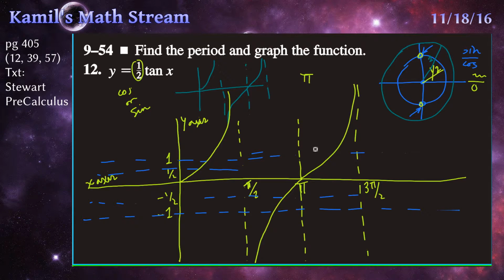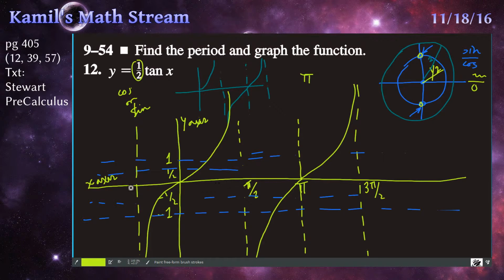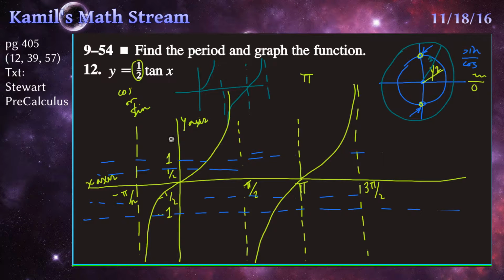And if this is negative pi over 2, and what we can do is we can make something like this, where it's sort of more squished here.